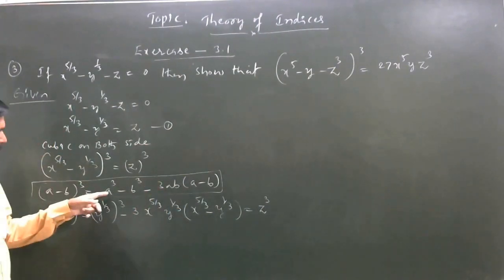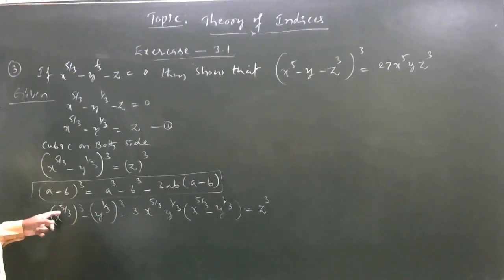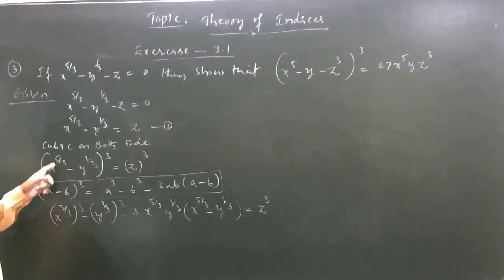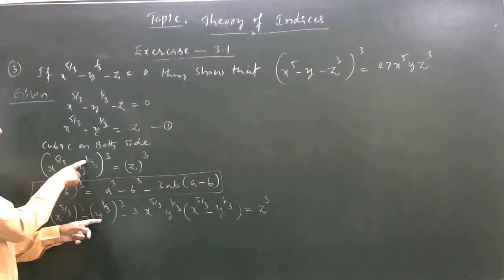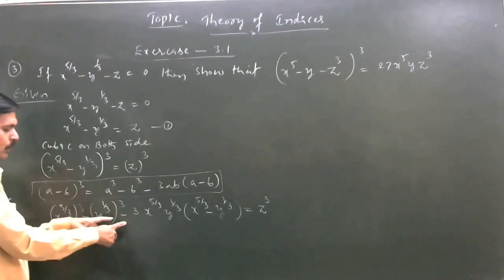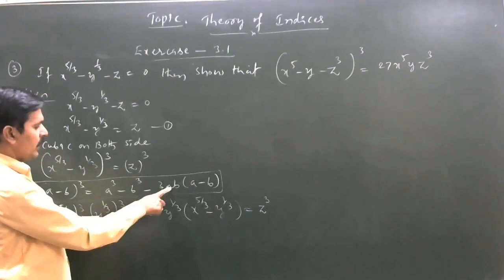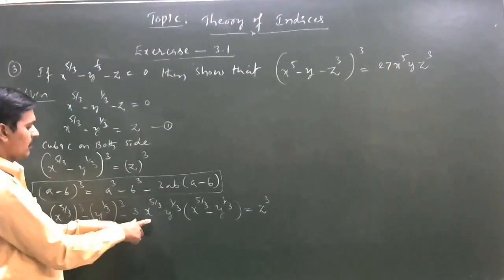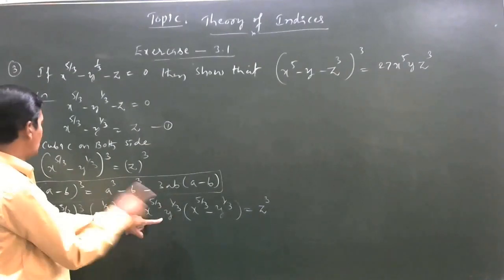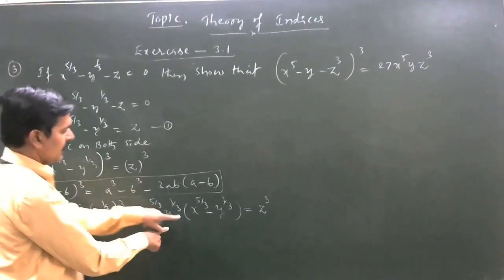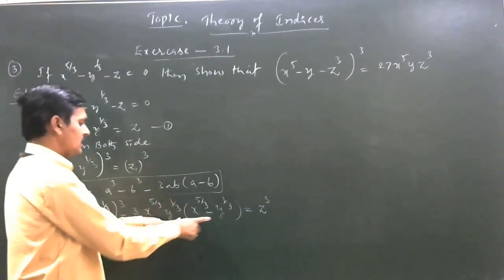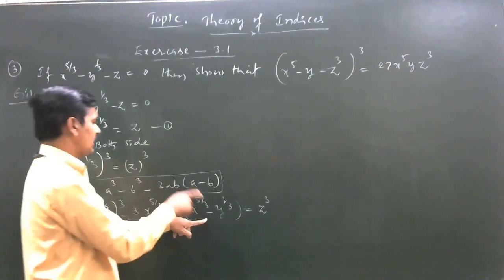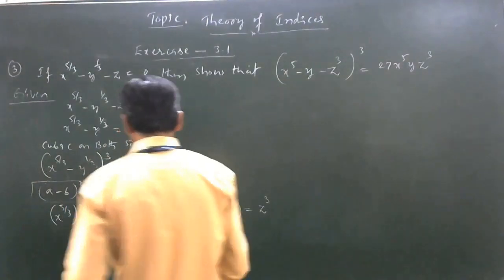In the place of a we take x power 5 by 3 whole cube, and b is y power 1 by 3 whole cube, minus 3 into a, which is x power 5 by 3, into b, which is y power 1 by 3, into (a minus b), which is x power 5 by 3 minus y power 1 by 3, the whole cube.